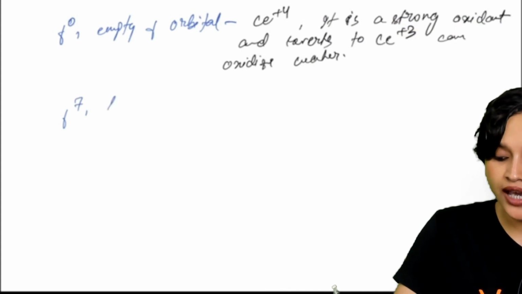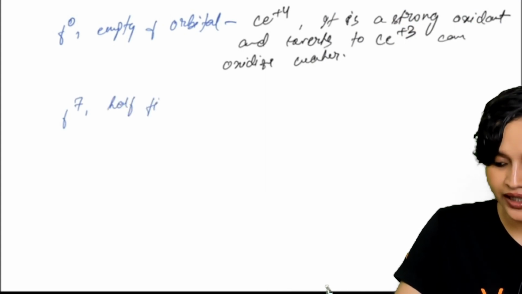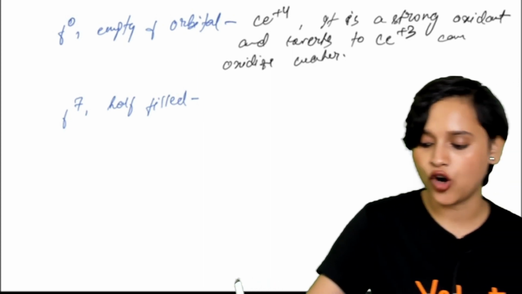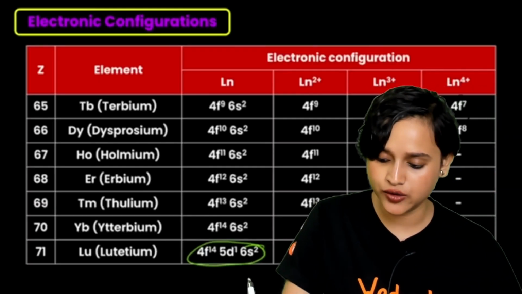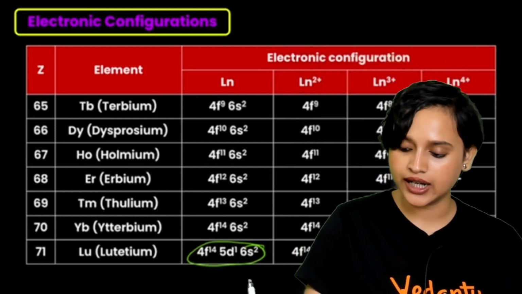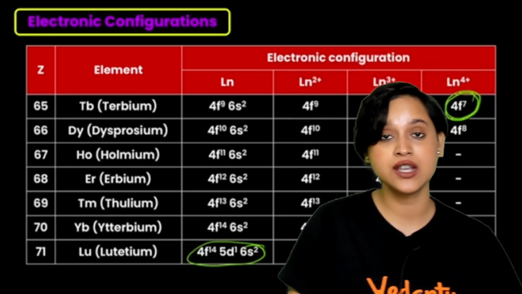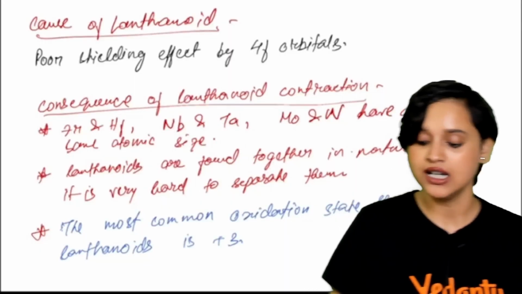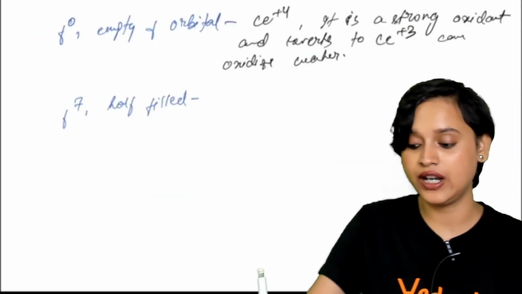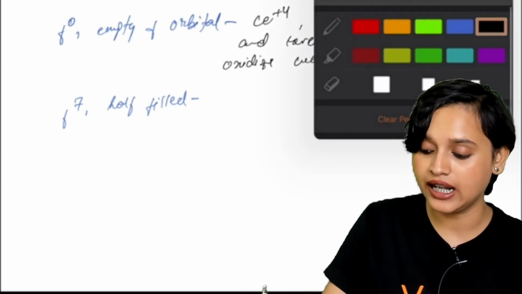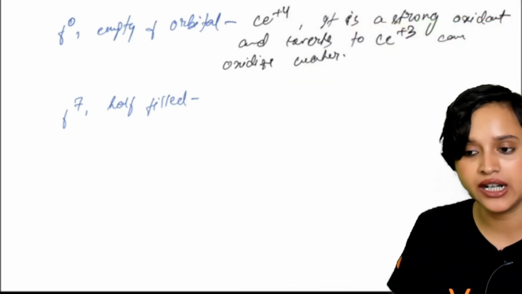Now we come to f7, that is the half filled f orbital. Where do we get to see it? We get to see it in terbium, everybody. Take a look at it. See 4f7 at Ln plus 4. That means when 4 electrons are taken away, you will get to see half filled stability here.